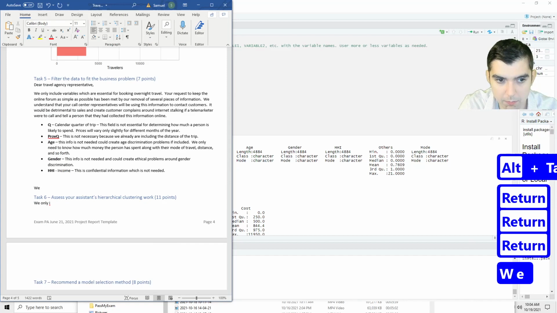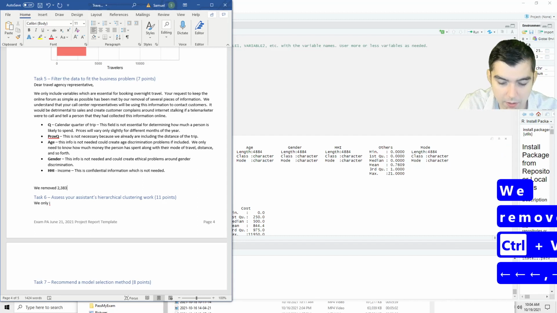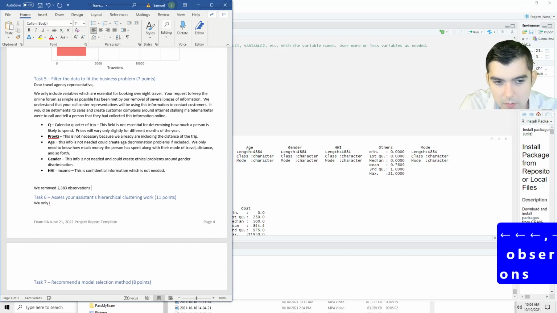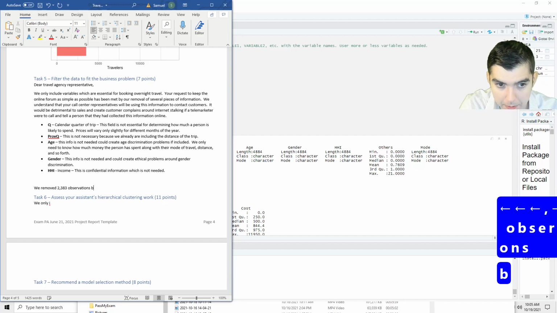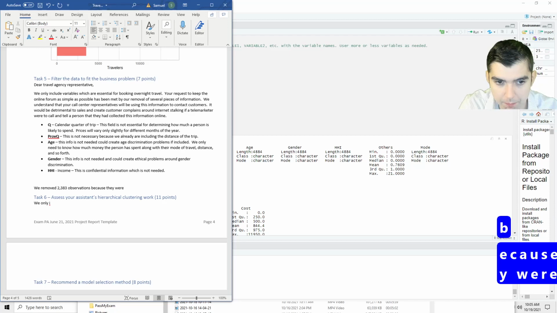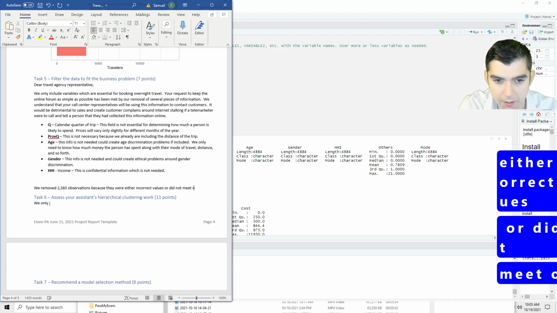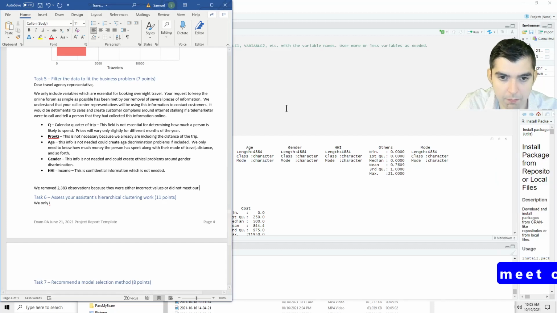We removed 2,383 observations because they were either incorrect values or did not meet our criteria, or they were not needed.